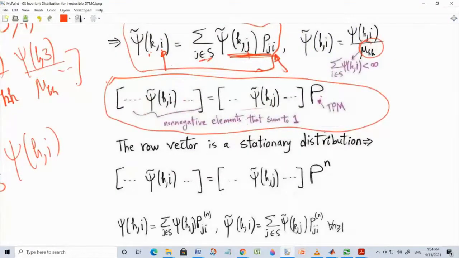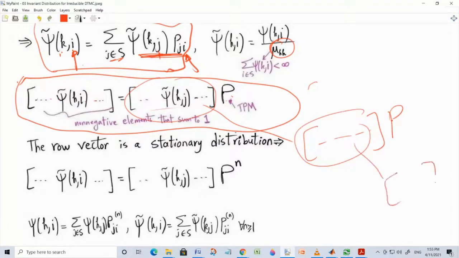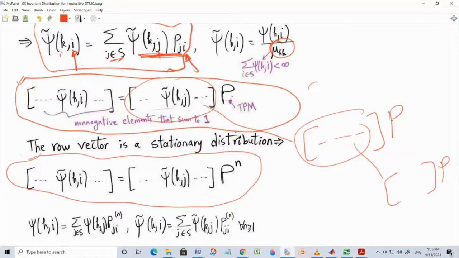Let's rethink what we obtained. We can have a row vector with those psi tilde, and it is equal to the row vector multiplied by p. And you can repeatedly use this trick: take this vector and write it as the vector multiplied by p, and then take this vector and write it again as the vector multiplied by p, and so you get this expression.